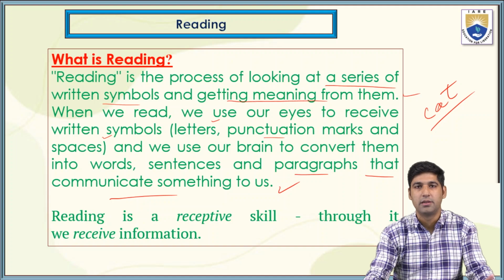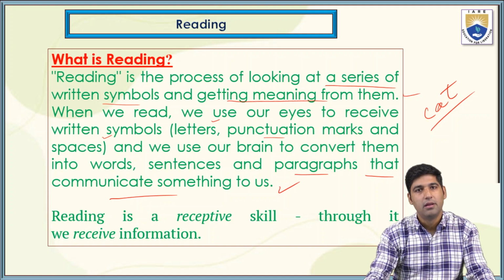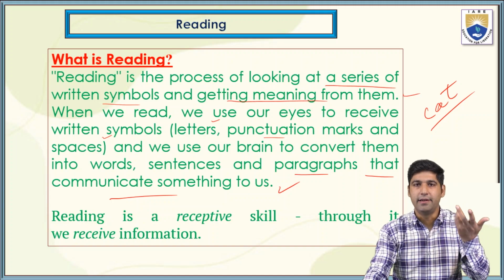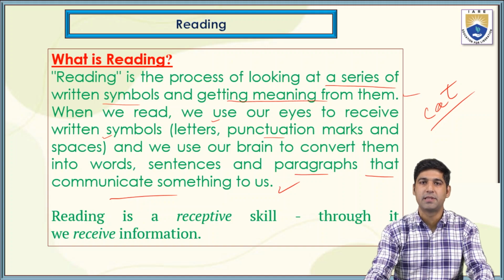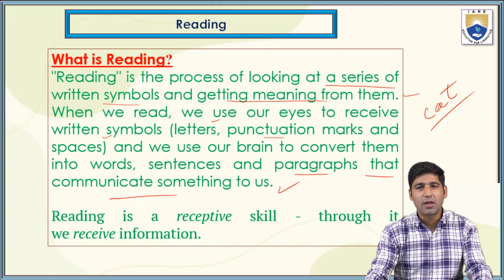We call this animal billi in Hindi or Urdu. So there is a process behind it. As I told you, the human mind is a very wonderful mechanism. This action happens faster than the fastest. It is very quick.